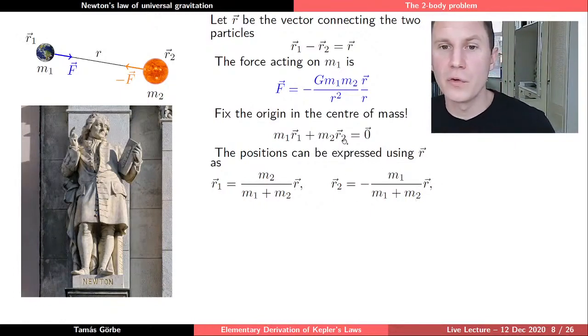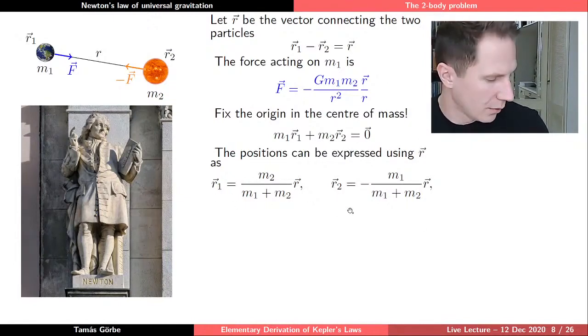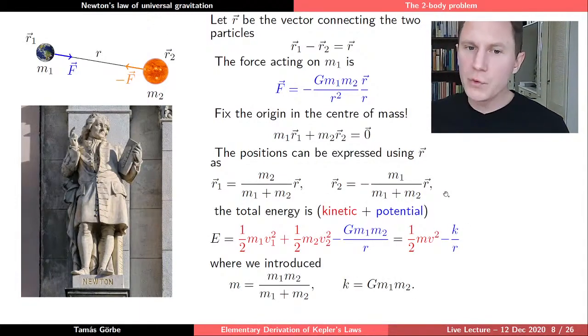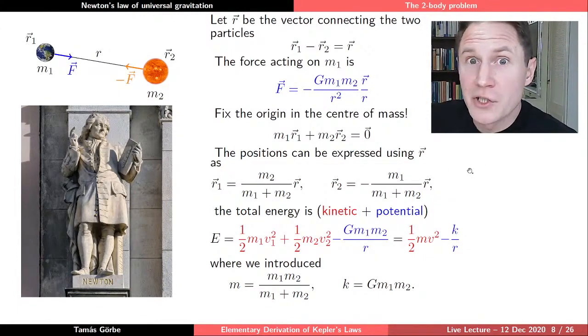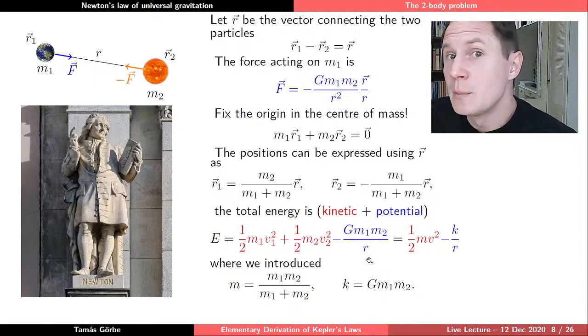You can use the first equation and the third equation to express r1 and r2 via this r vector. If you do that, you can express the total energy of this system of two masses gravitationally attracted to each other in a simpler way.